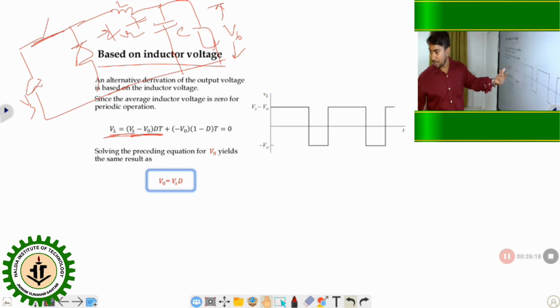So when the switch is closed and when it is open, this is the voltage across the inductor.